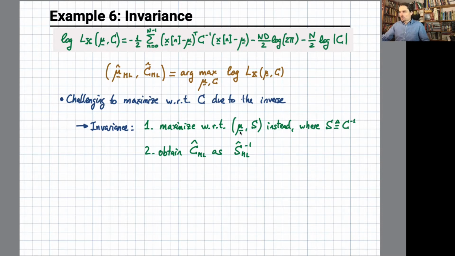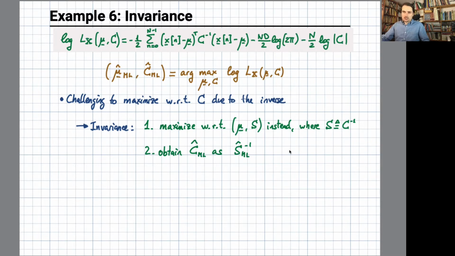Okay. So after doing this step, we will obtain the ML estimators of these two quantities, and to recover the ML estimator of C, we just need to invert the ML estimator of S, right?